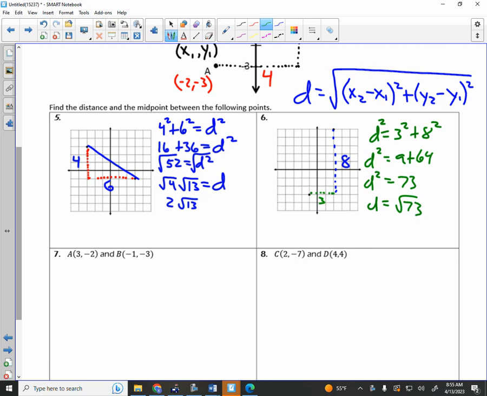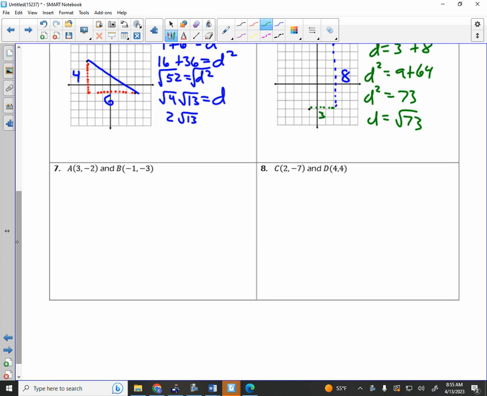Square root of 73. Good. So if you're given a graphical representation, just go ahead and use the Pythagorean theorem. If you're not given a graphical representation, use the formula.